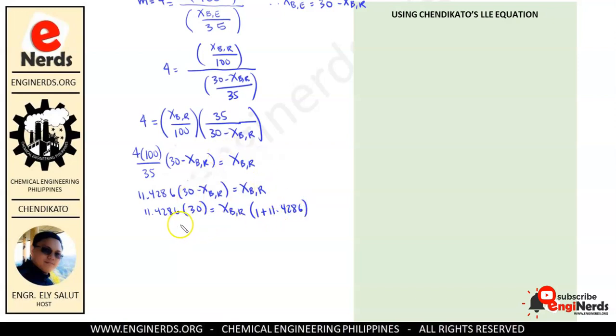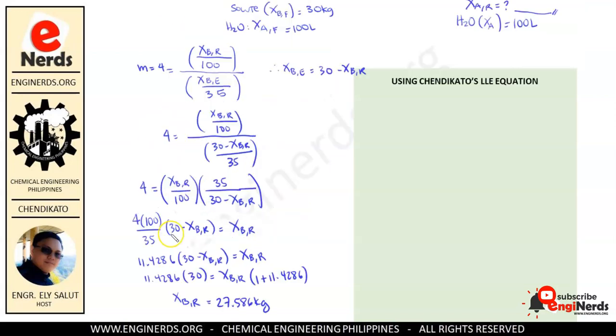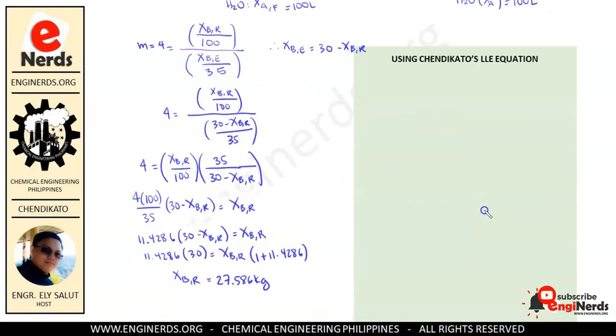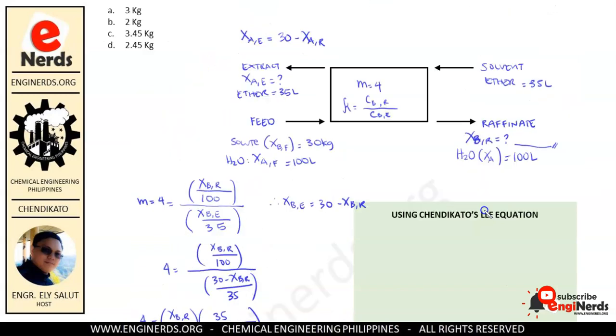So, solving for XBR, I will get XBR is equal to 27.586. So, nasolve natin itong value ng XBR. Okay, so this is XBR, sorry. So, this is equal to 27.586.